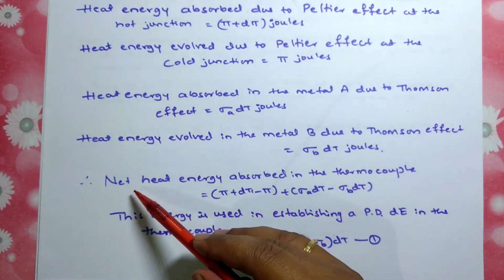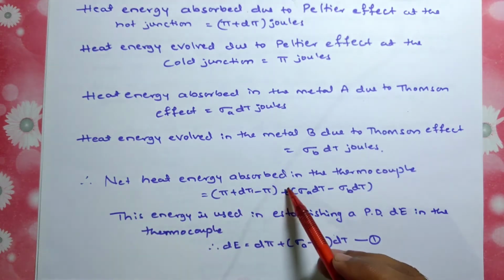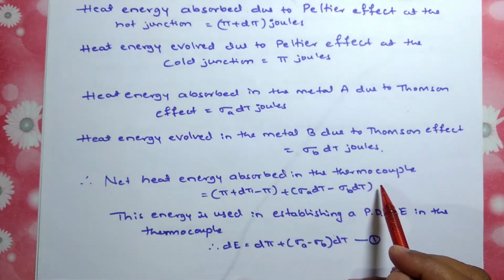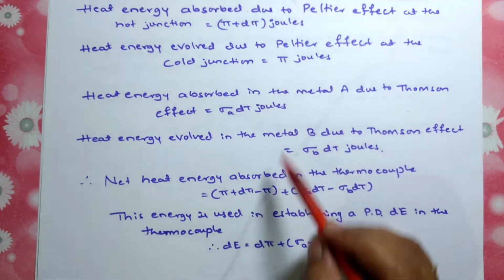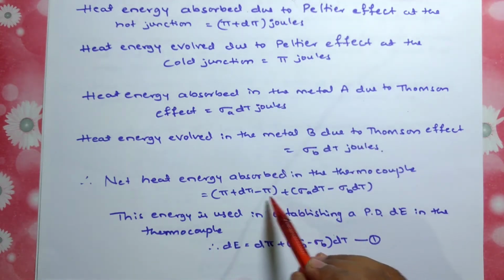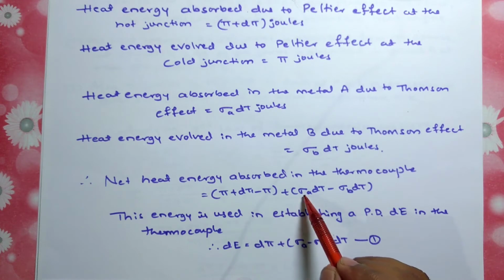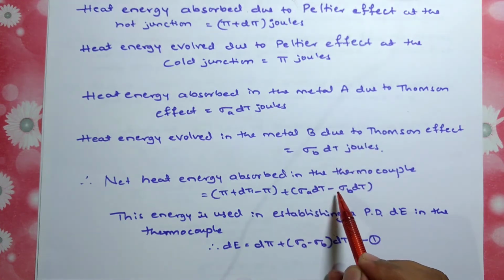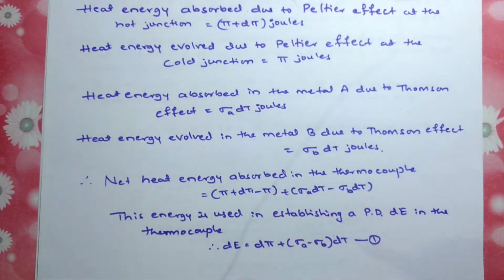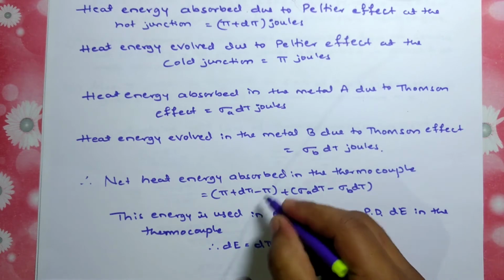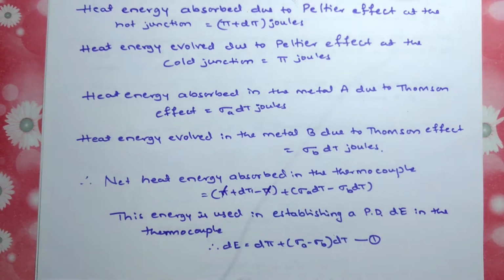Now we are going to calculate the net heat energy absorbed in the thermocouple. So I take pi plus d pi joules minus pi, which is due to the Peltier effect, and next, due to the Thomson effect, sigma A dT minus sigma B dT. Now I am going to simplify this, and here pi gets cancelled.